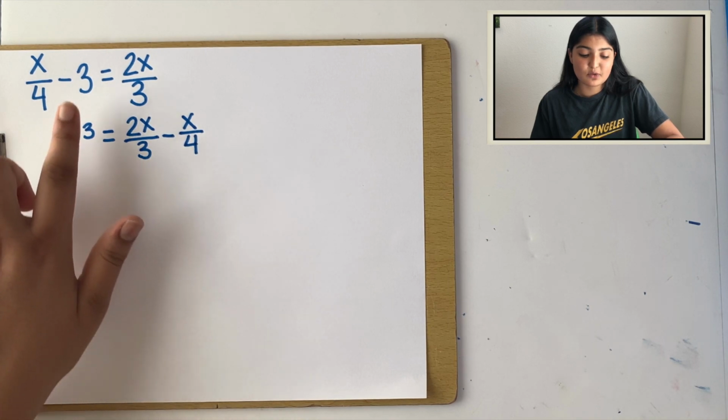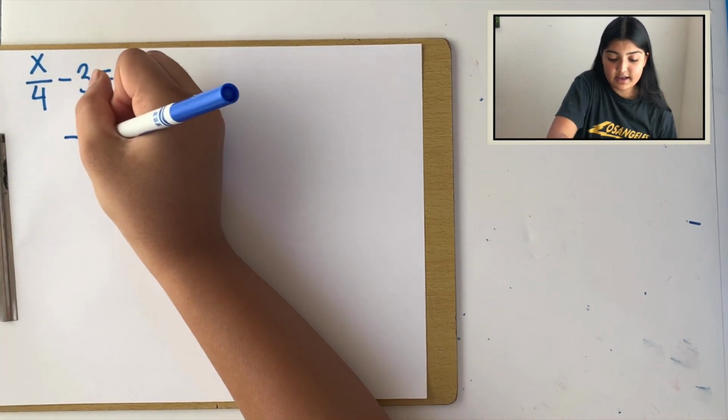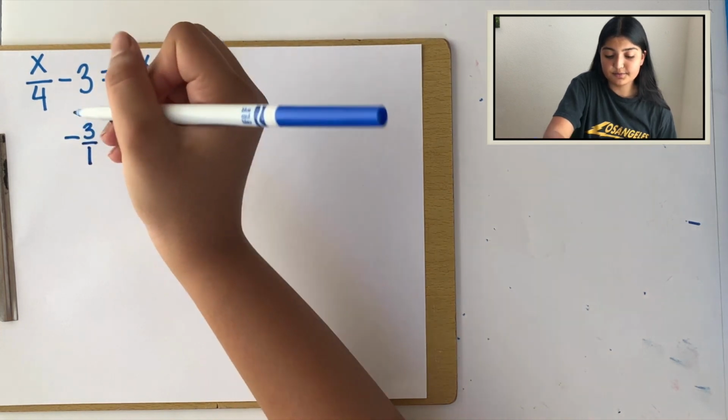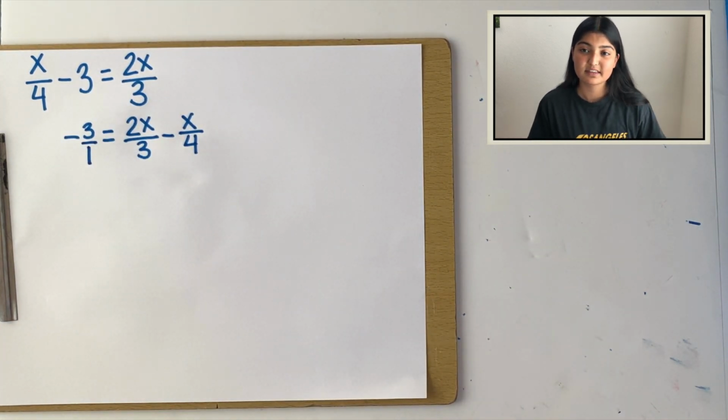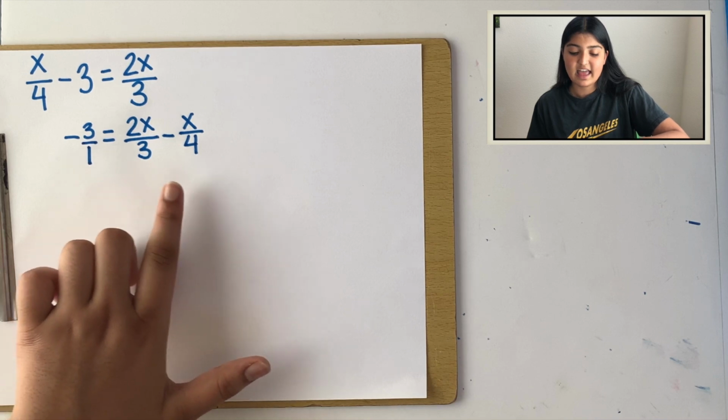So, I can write -3 as -3 over 1. Next, let's get rid of these fractions. And in order to do that, let's find the LCM of 1, 3, and 4.